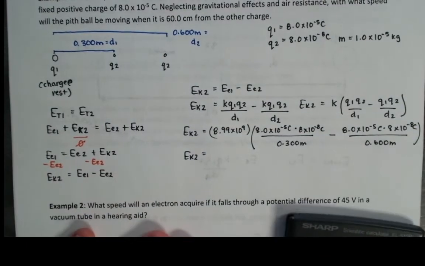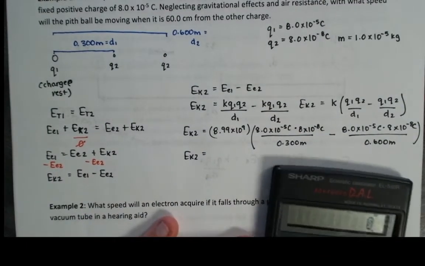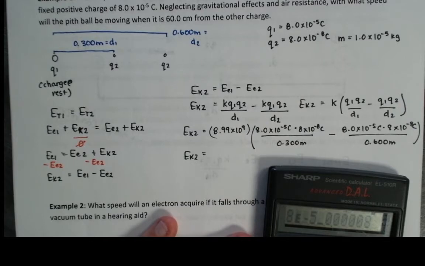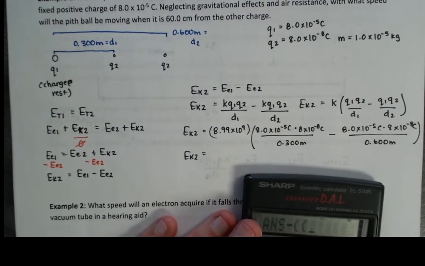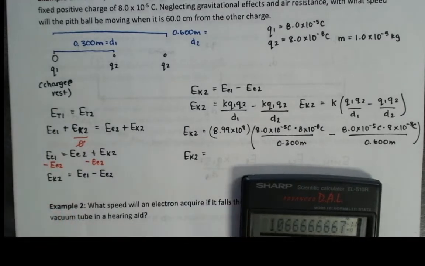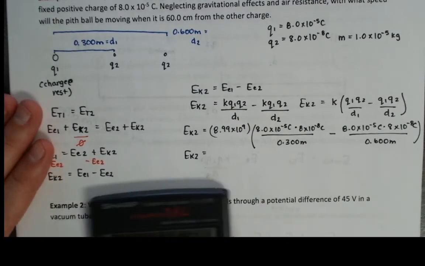Let's solve for EK2. 8 exponent negative 5 times 8 exponent negative 8 divided by 0.3 gives us this. Take away 8 exponent negative 5 times 8 exponent negative 8 divide by 0.6. We get 1.06 all of this.